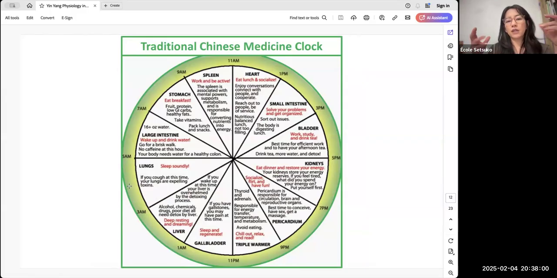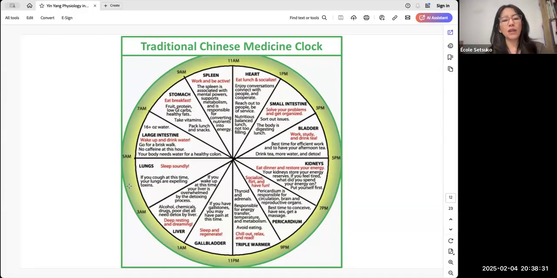Everybody's still sleeping, but people who have lung issues, either a fullness where there's too much energy in the lungs, might wake up with coughing fits between 3 and 5 a.m. Somebody who says, I cough a lot, it keeps me up. I pretty much know what time, but I ask anyways, what time is that? Oh, it's between 3 and 5 a.m. Well, there you go. The lung energy is at its peak, and that's when the symptoms show up because there's an imbalance, there's excess there.